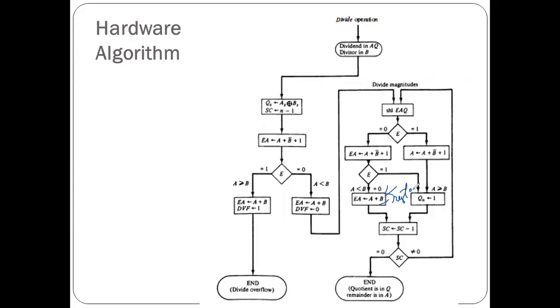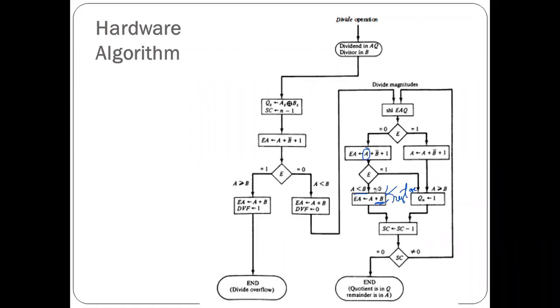You need to restore the partial remainder or the dividend. In the first case it is the dividend, in later cycles it is the partial remainder. You restore it to the original value by adding B to A, because we should not have done the subtraction, since A is less than B.